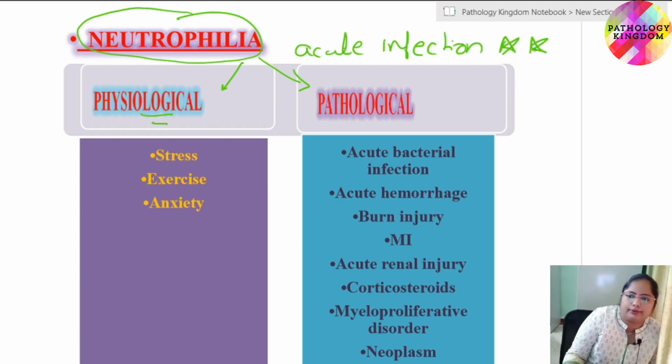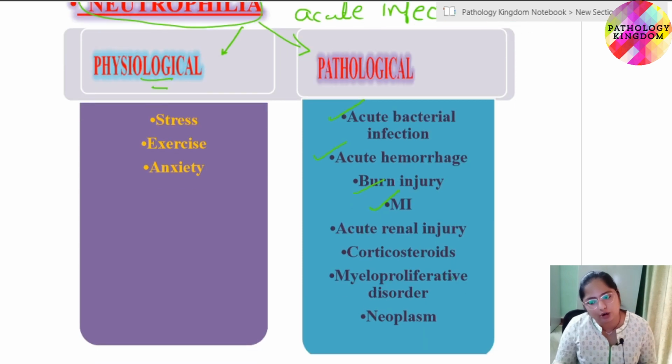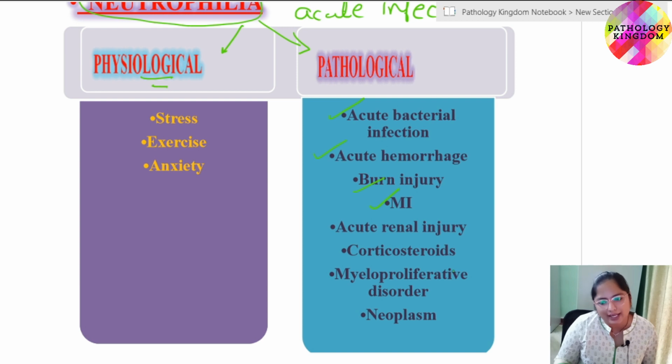Very important: as lymphocytes are increased in chronic infections, similarly neutrophils are increased in acute infections. They are the sign of acute infection. Examples are acute bacterial infection, acute hemorrhage, burn, myocardial infarction, acute renal injury, corticosteroids, myeloproliferative disorders, and neoplasm.